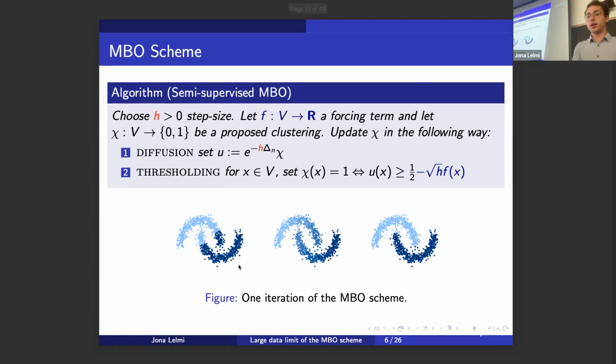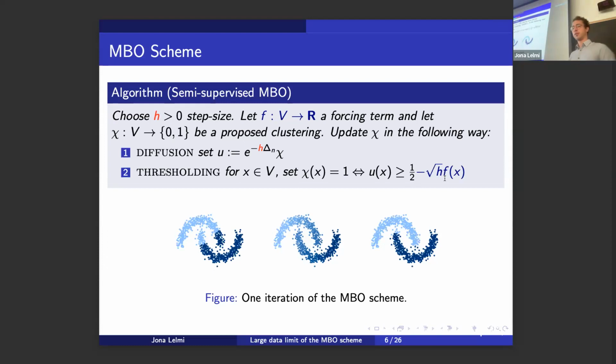Okay, and let me also mention that you could also do a semi-supervised MBO, in which you assume that some of the points in your data set are already labeled. If you have some information about some of the labeled points, you can construct a forcing term f from the vertex set to R, and to perform semi-supervised learning, you can change the thresholding value by adding this term here.